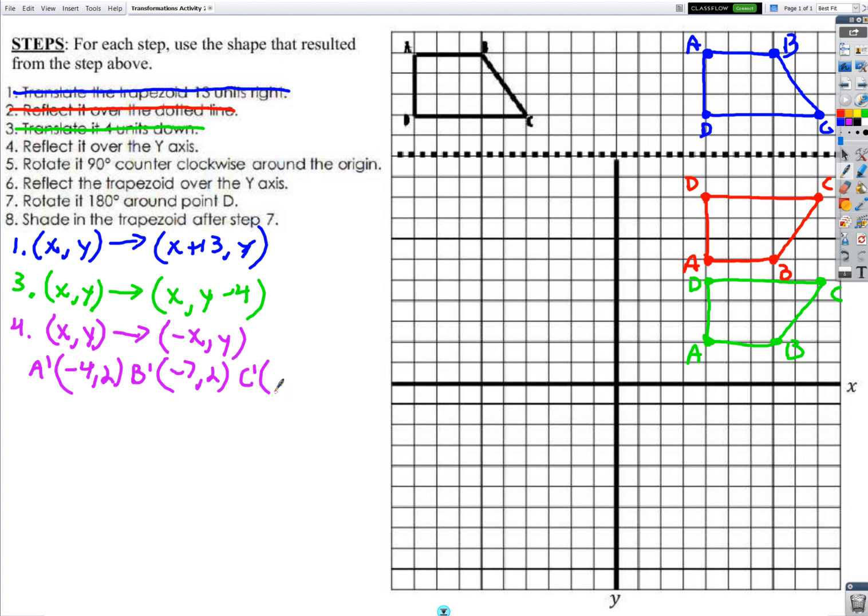C is at 9, 5, negative 9, 5. Stefan, you're fantastic, good job. And then finally D is at 4, 5, so that'll be at negative 4, 5.